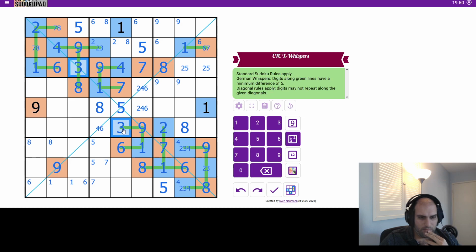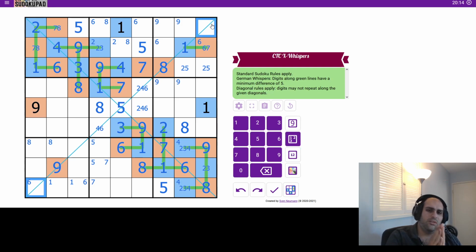I don't have much info about 3s. What do I have info about? It's going to be this diagonal. 3 doesn't go here. 3 has to go in one of these two spots.